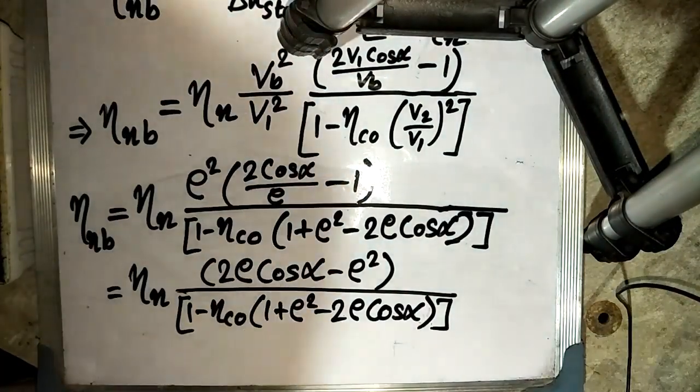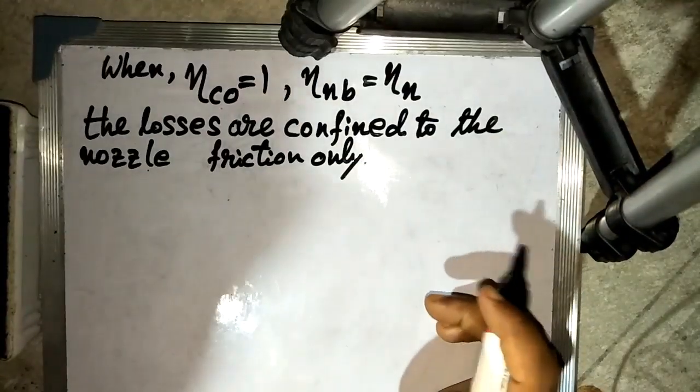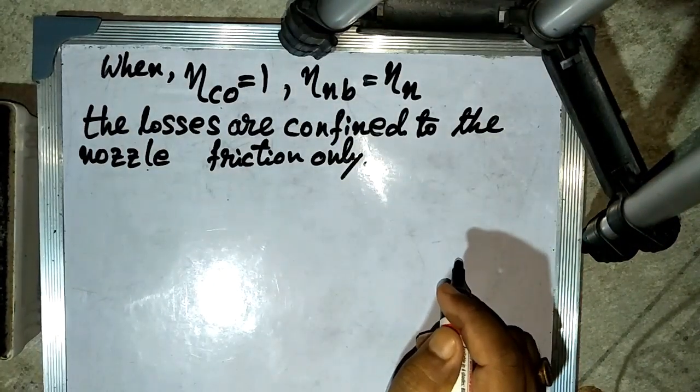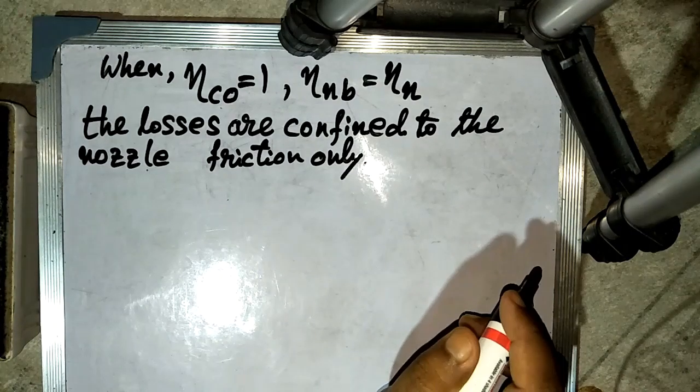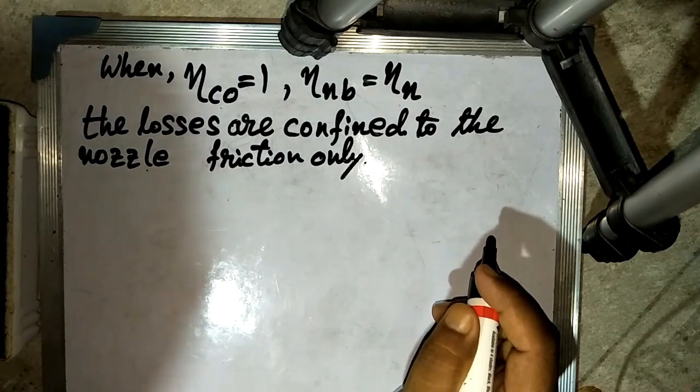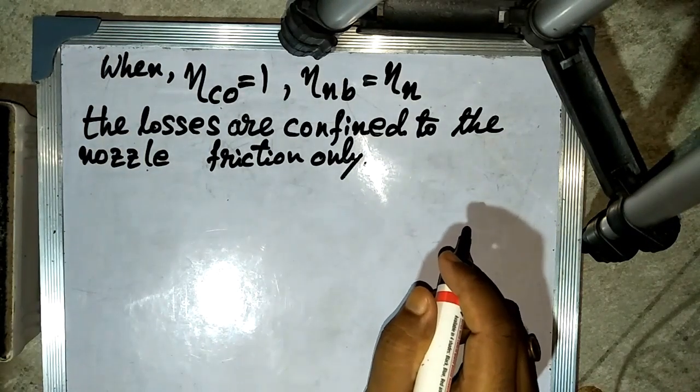So this is the expression of NB when the carryover efficiency is 1 and eta NB is equal to eta n, that is the losses are confined to the nozzle friction only.